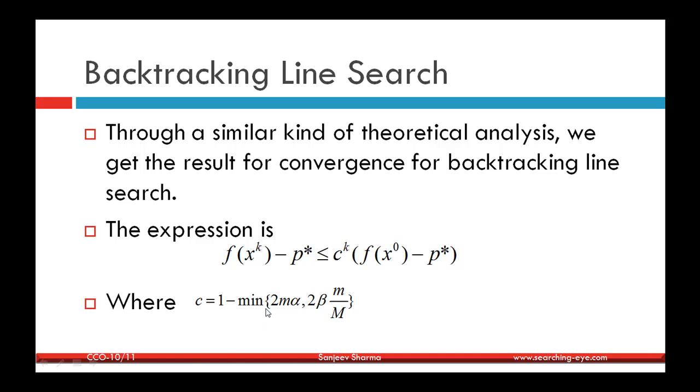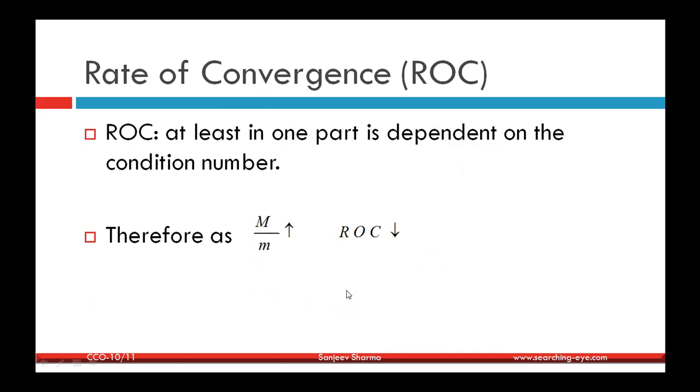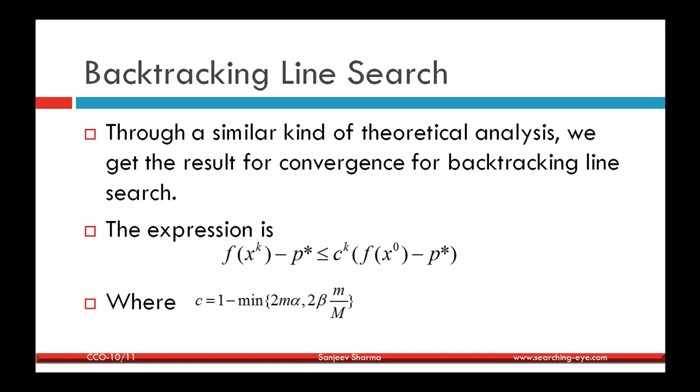So as we can see, this is not totally dependent on the condition number, but in one part it is dependent on the condition number. So the ROC, the rate of convergence, is at least in one part dependent on the condition number, and therefore as capital M over small m increases, that is as small m over capital M decreases, then the rate of convergence also decreases.